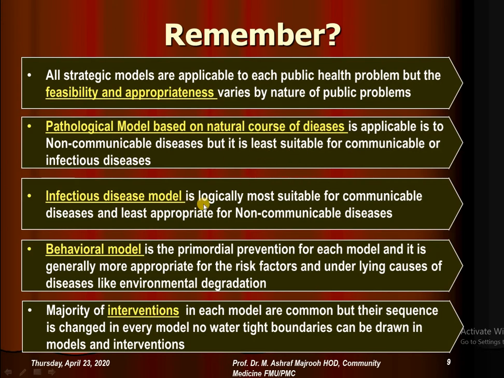On the other hand, the infectious disease model is logically suitable for communicable diseases and least suitable for non-communicable diseases. Similarly, as has already been explained, the behavioral model is the primordial prevention for each model, and it is generally more appropriate for the risk factors and underlying causes of disease like environmental degradation.